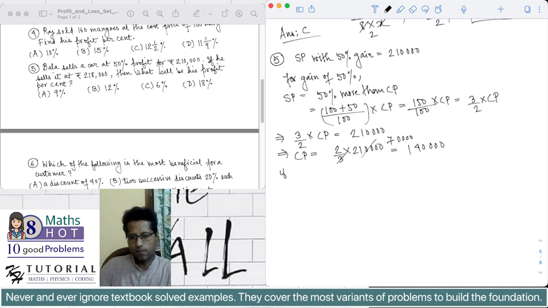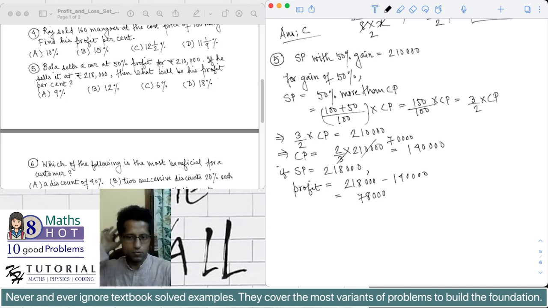So if SP is equal to 2,18,000, profit will be selling price minus cost price. This is equal to 78,000.